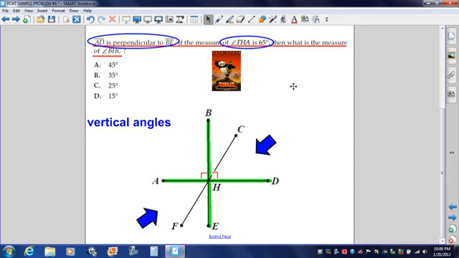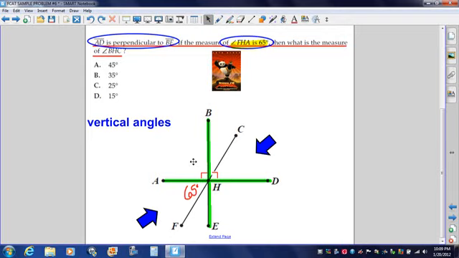The next observation I'm going to make, angle FHA is 65 degrees. So this right here is FHA, and it is 65 degrees. So on your paper, please label angle FHA as 65 degrees.